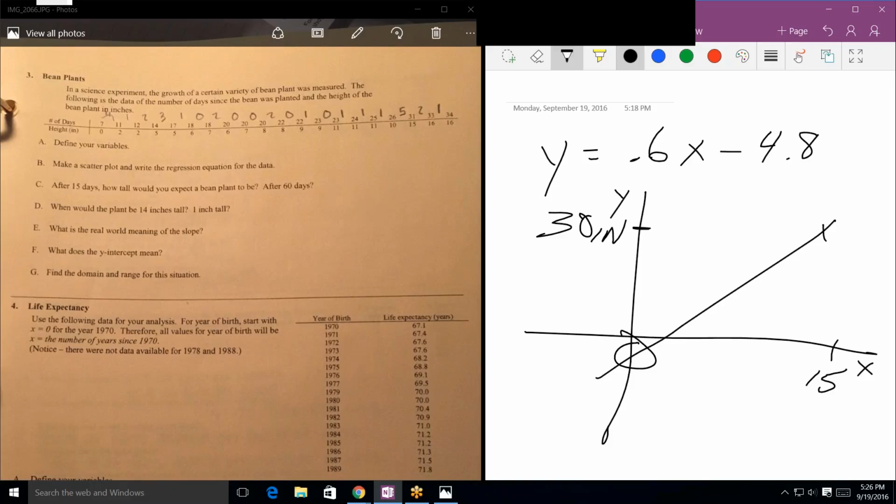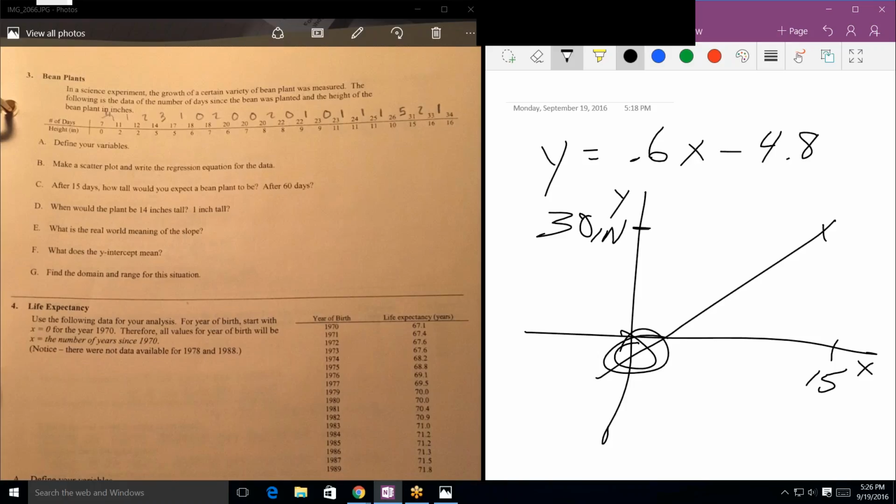Notice that the initial height of the plant is 0. Well, in this case, if I carry that back to the Y-intercept, the initial height is negative 4.8. This effectively is not in our range, but that's what the Y-intercept means: the height of the plant after 0 days.